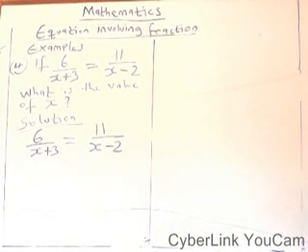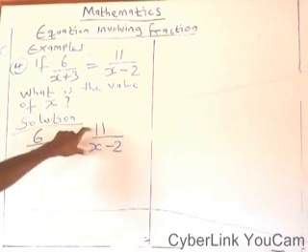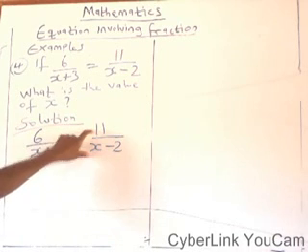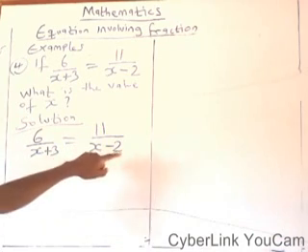This one is also very simple because this is a fraction equals to another fraction. We have x plus 3 as denominator here, x minus 2 as denominator here.